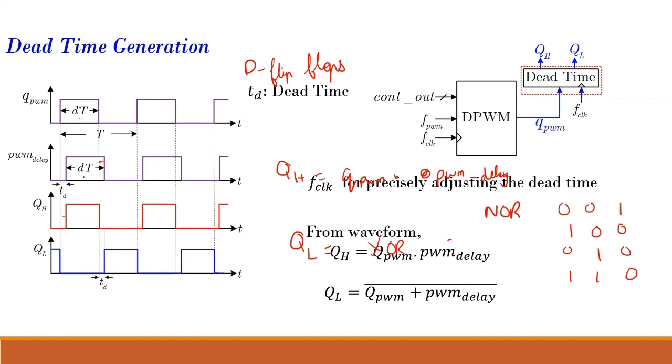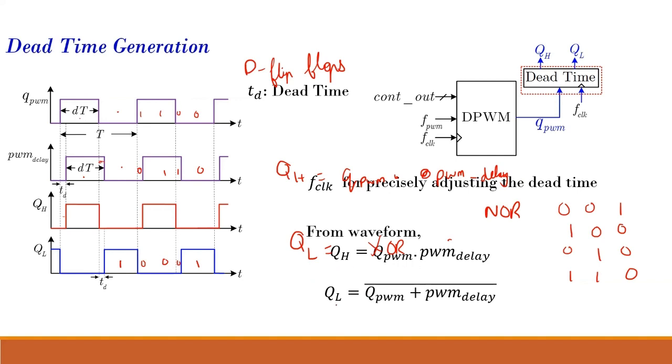So when both are off, when this is 0, then this will be 1. When this is 1, this will still be 0. When this is 0 and this is 1, still this will be 0. Only when both are 0, then this will be on. Okay, this is my NOR table.